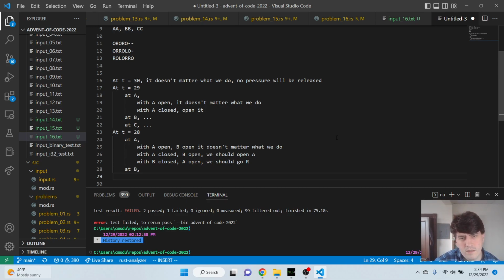But we can compute the optimum in each of these situations. And note that the answer to the 28 question is going to depend on the 29 question, and the 27 question is going to depend on the 28 question, and so on.